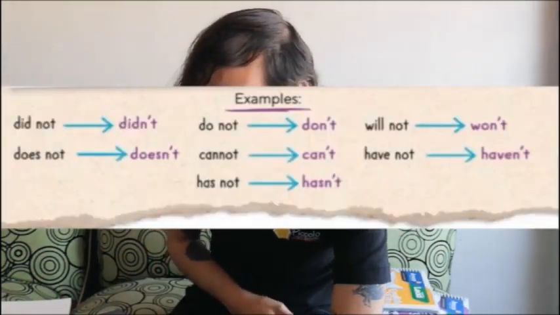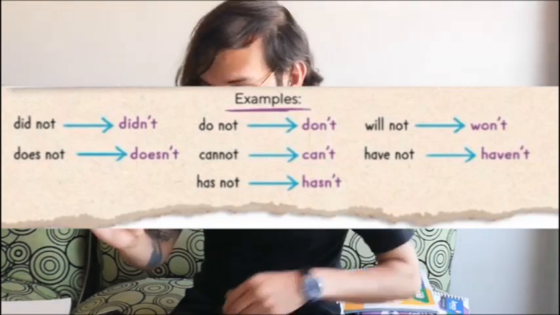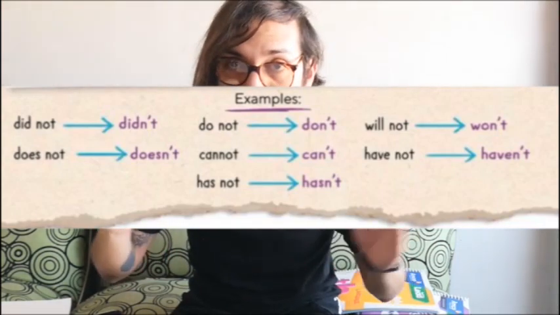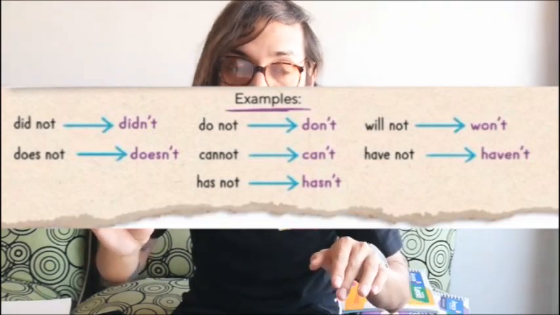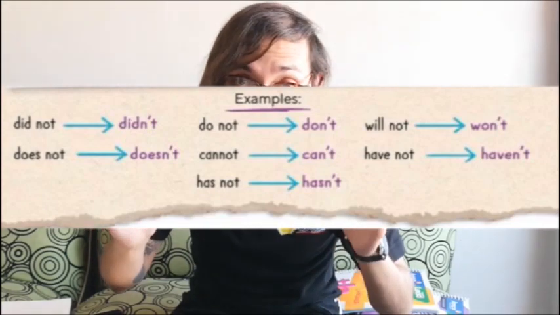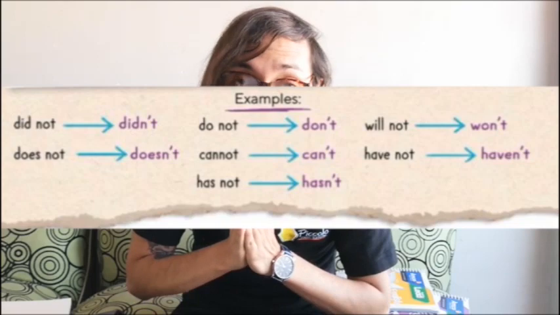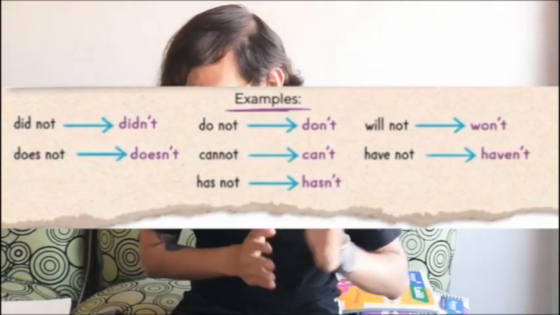We dropped the O in not, we add an apostrophe, we paste it together, and we get don't. Here we have some examples. Did not. We drop the letter O, add an apostrophe, and compact it, and we have didn't.